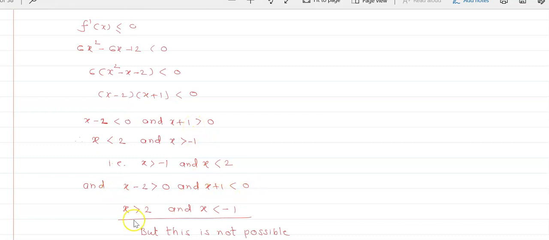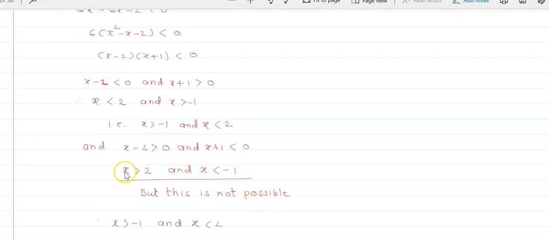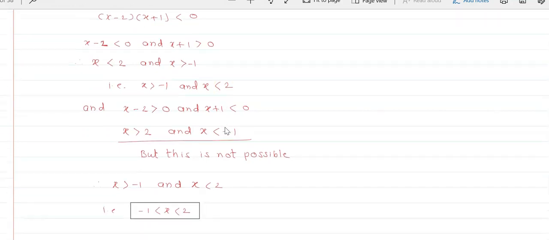Now here x is greater than 2 and x is less than minus 1. But this is not possible. Then what is possible? The possible is that x is greater than minus 1 and x is less than 2. It means that the value of x lies between minus 1 and 2.